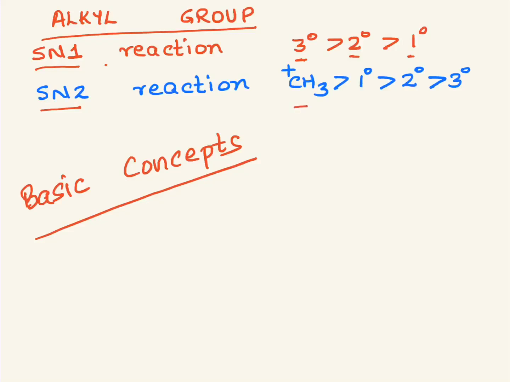So we have methyl, primary, secondary and tertiary. If you are unsure about this, I would highly recommend you to visit the playlist on the channel and go through the fundamentals first in order to be sure about what you are learning.